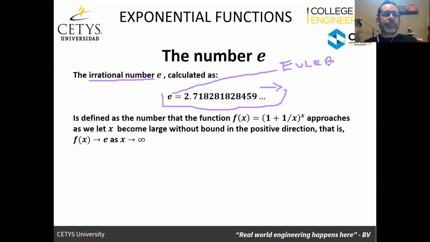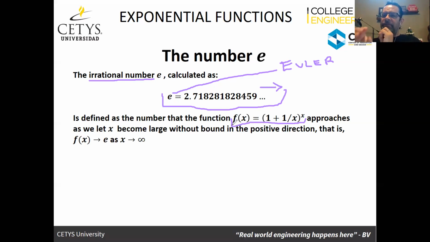And Euler, however you want to call him, was a very important scientist and mathematician who, among other things, discovered this number. The way it's mathematically defined is with this kind of weird function, which is (1 plus 1 divided by x) raised to the x.